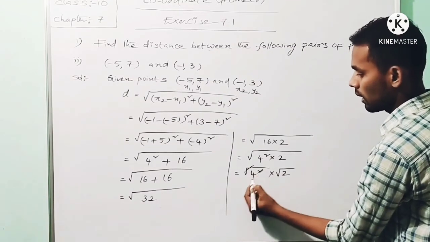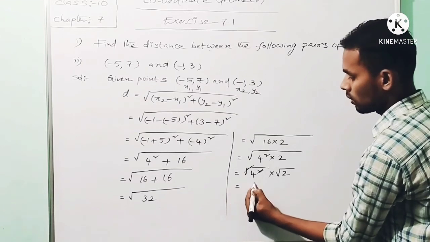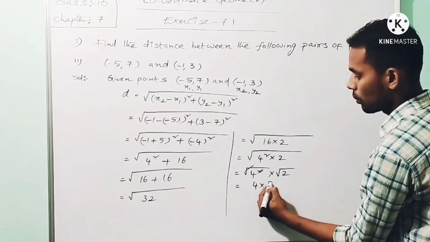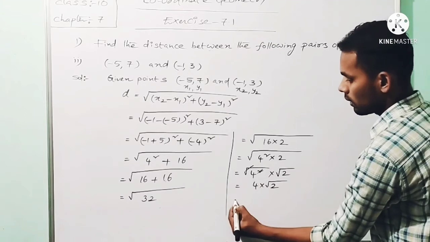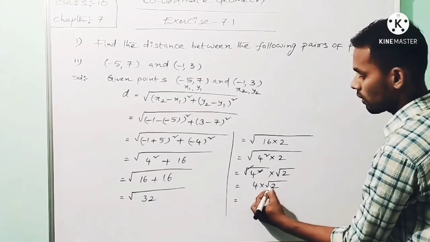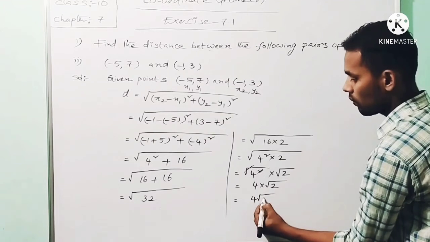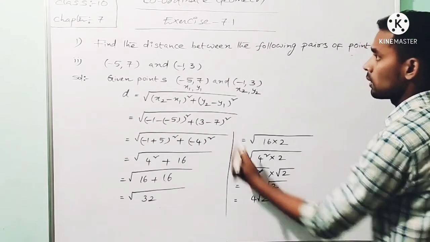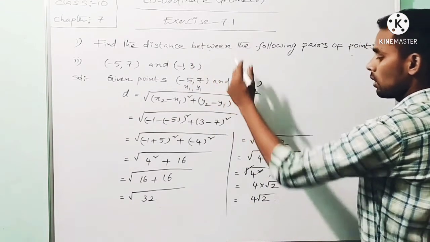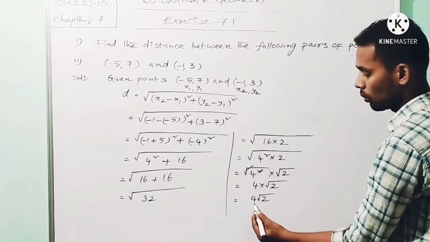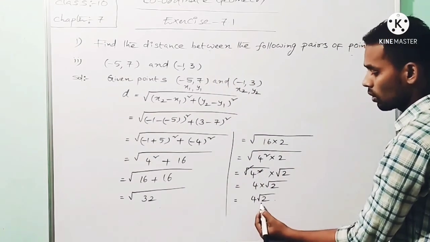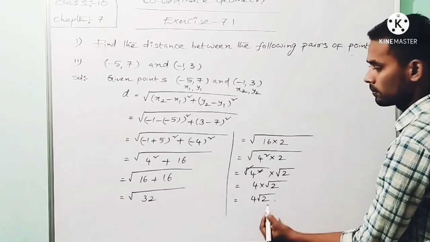Square root and square cancel, is equal to 4 square root of 2. The distance between the 2 points is 4 square root of 2.